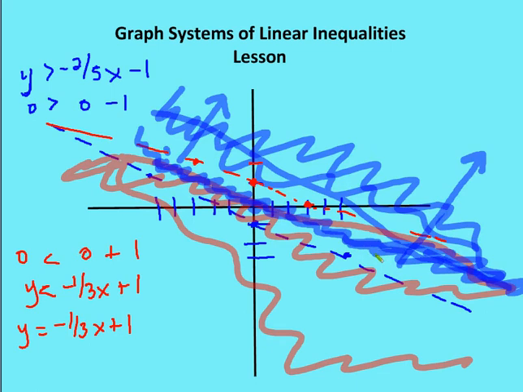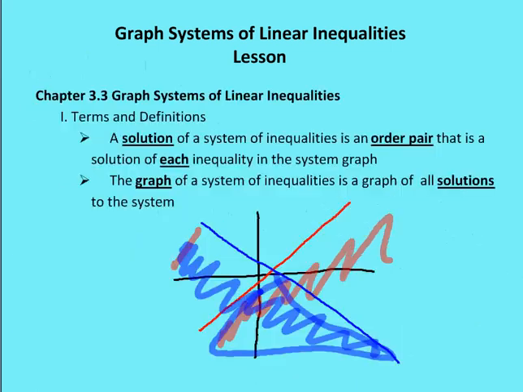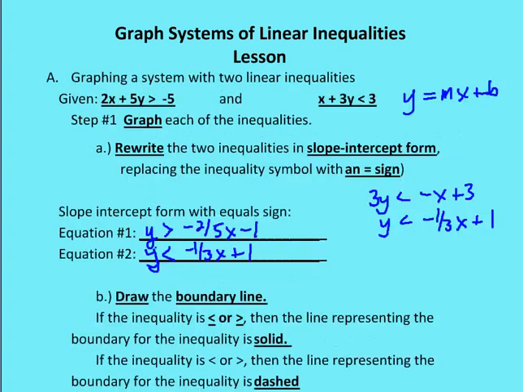It looks like this. Okay, so let's go back through the steps just so that we're clear on what is going on. We talked about what a solution means. We had two inequalities. We changed them into y is equal to mx plus b form, but with the inequality symbol. And then we made them equal to that value in order to graph the boundary line, making it dashed or solid depending on what the inequality was.